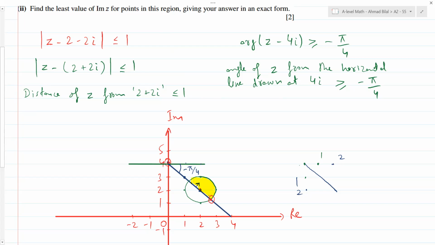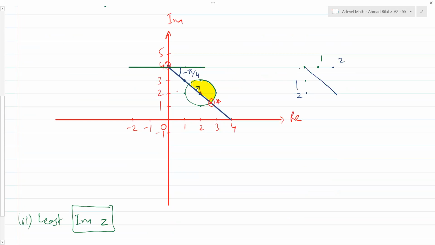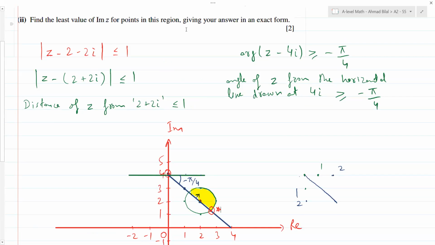Does that make sense? Imaginary part सबसे छोटा होना चाहिए ना? तो vertically आपका imaginary part represent हो रहा है. When is that the smallest? सबसे lowest point आपका ये level बनता है इस shaded part के अंदर. ठीक है? But then it says you have to find the least value of imaginary z for points in this region.